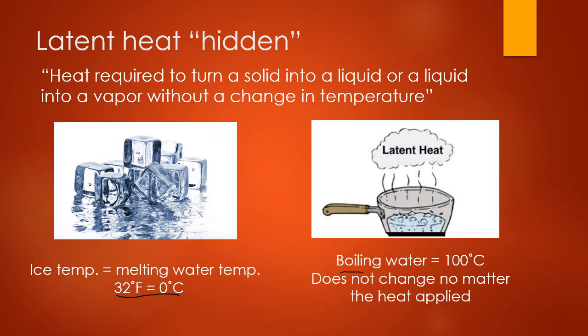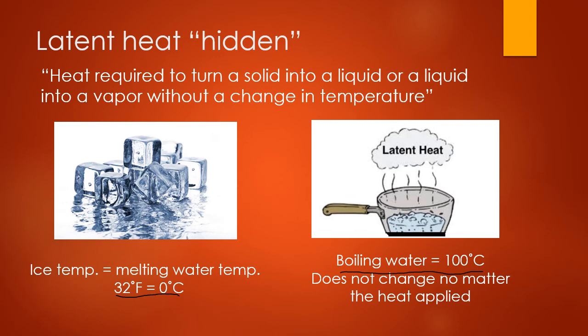Boiling water, similar example. Phase change, we're going from a liquid to a gas in this case. You can have a pot of water on the stove, heat it up, it can be actively boiling, and if you have a thermometer in there, it's going to say 100 degrees Celsius or 212 degrees Fahrenheit.